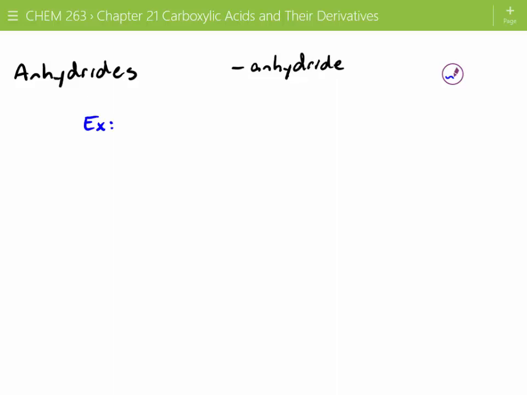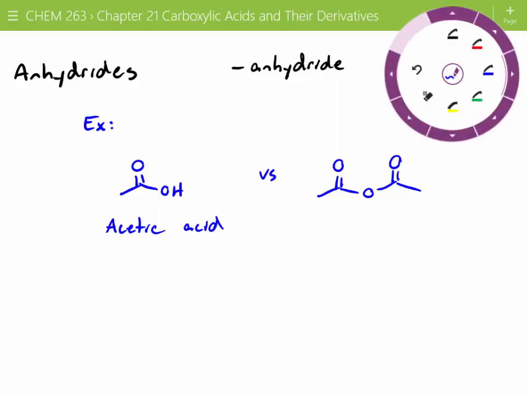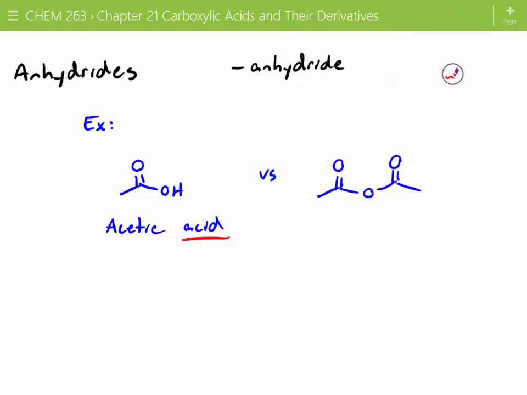Let's go to a little bit of a different one. Actually, let's stick with acetic acid. We'll do the harder one next. So we're going to replace the acid portion with anhydride.